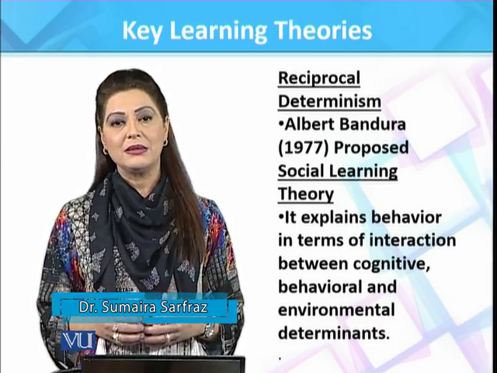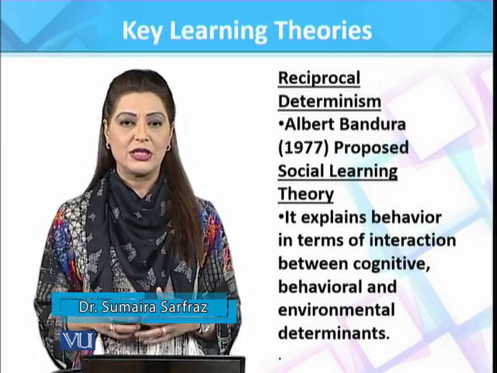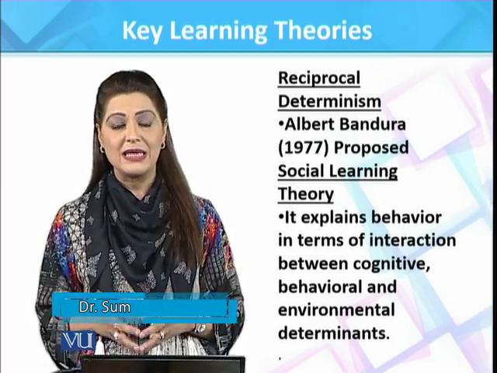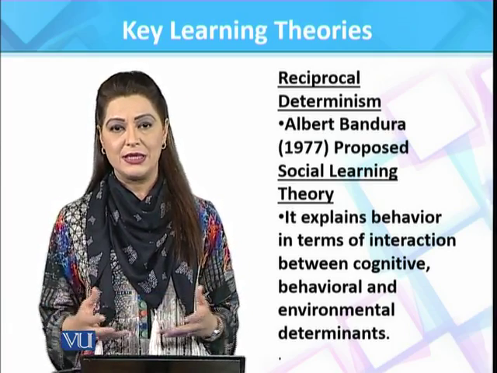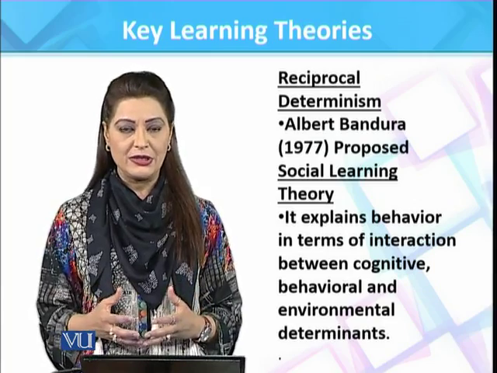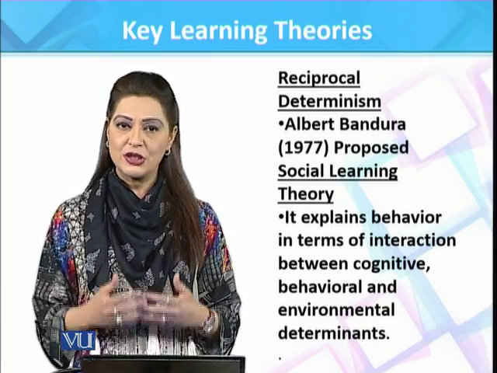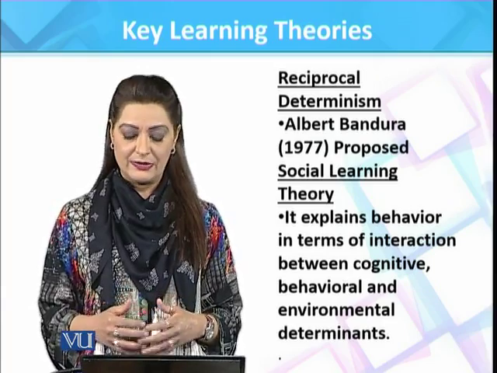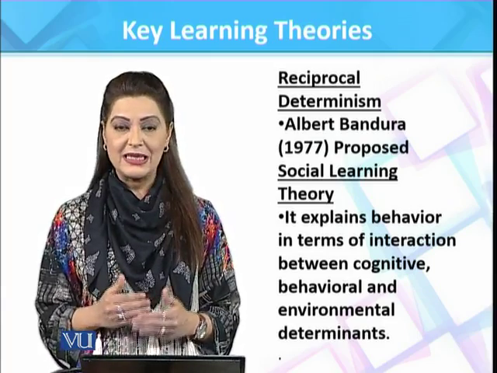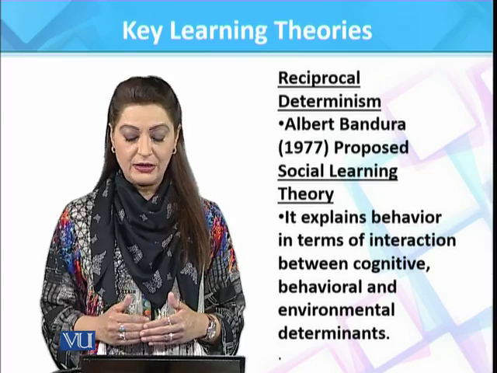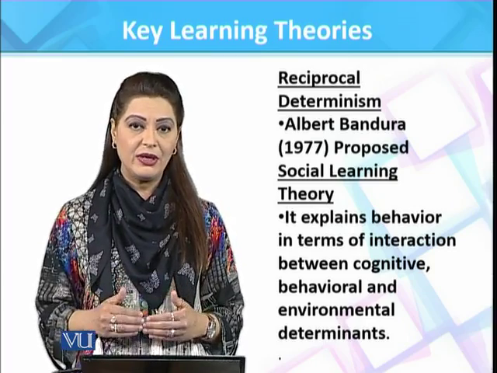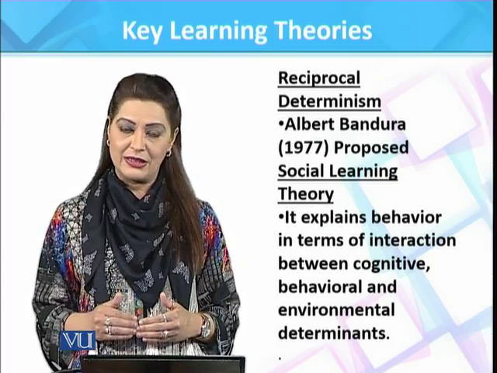If we look back, the other features, such as Pavlovian conditioning and classical conditioning, highlighted the association process and three stages of the conditioning process. In this theory, we see the interaction between cognitive, behavioral, and environmental factors.